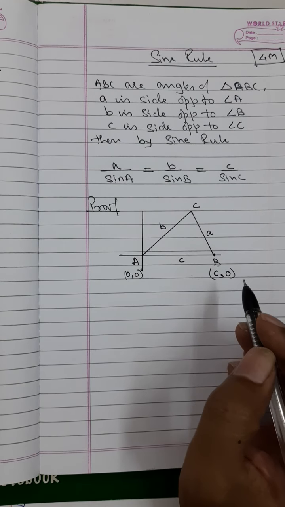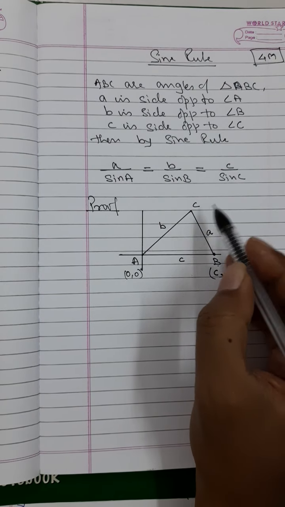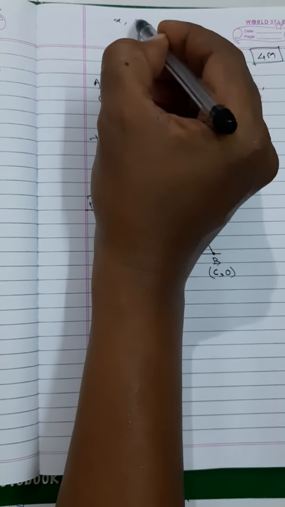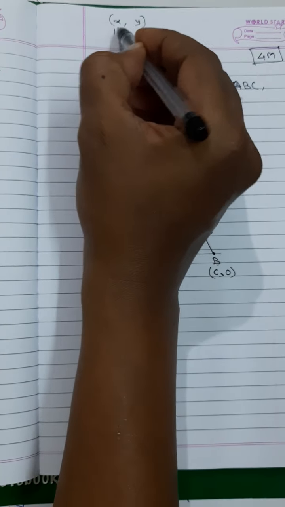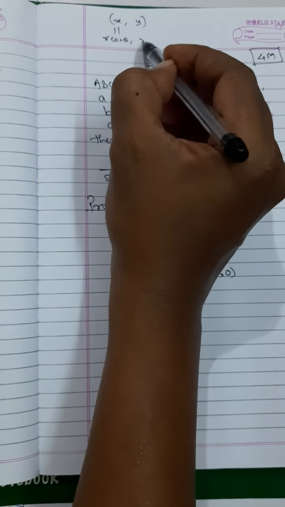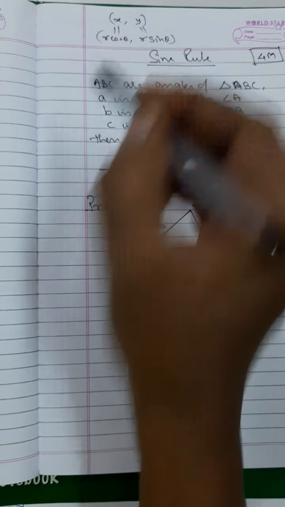Coming over here, now here you have to be careful. See, for C we know x and y. If I talk about Cartesian coordinates x and y, x is always equal to r cos theta, y is always equal to r sin theta. I hope you know this.